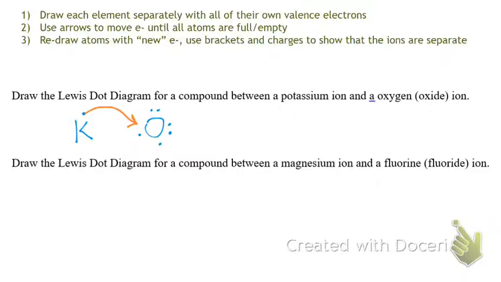We have to have all of our atoms completely full or empty. And while potassium is going to be empty, this oxygen isn't full. So what we're going to have to do here is actually add another potassium. And its potassium, with its 1 little dot here, can now come over and fill in this space.